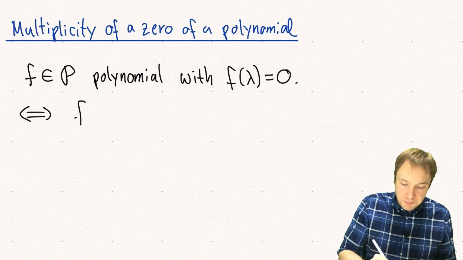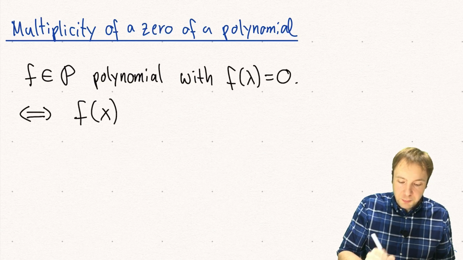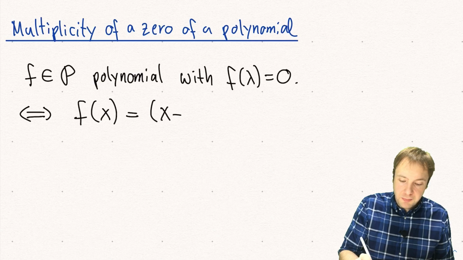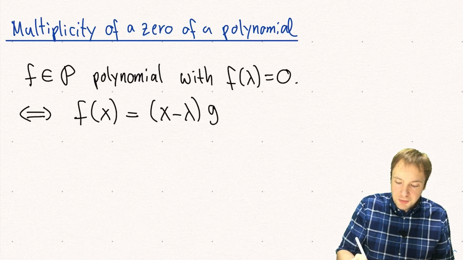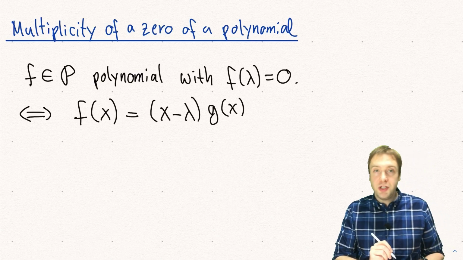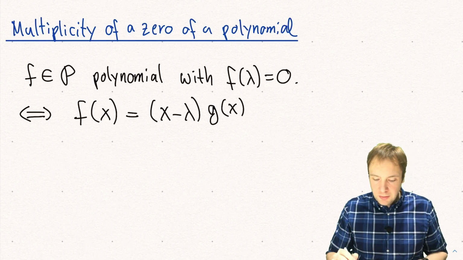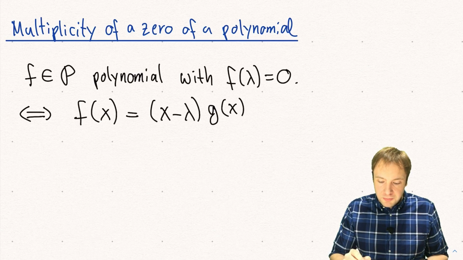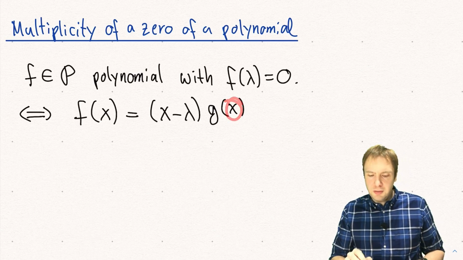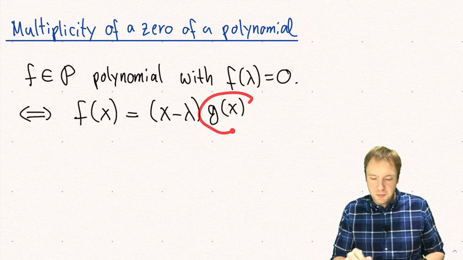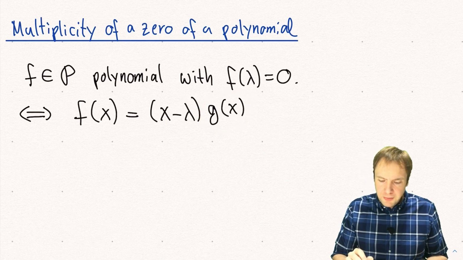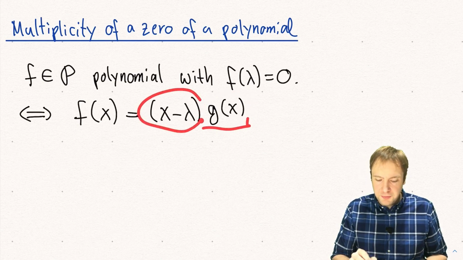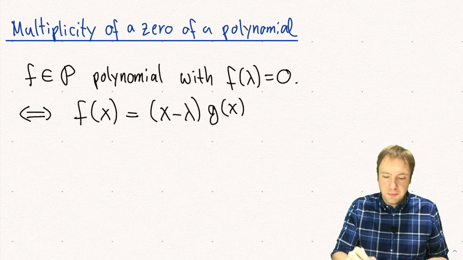So if I have a polynomial f, and lambda is some zero of this polynomial, then we know that this polynomial f can be written as some factor x minus lambda times another polynomial g of x. And maybe this you learned in calculus. And now this lambda could also be a zero of this polynomial g. So I could again split off this factor x minus lambda.